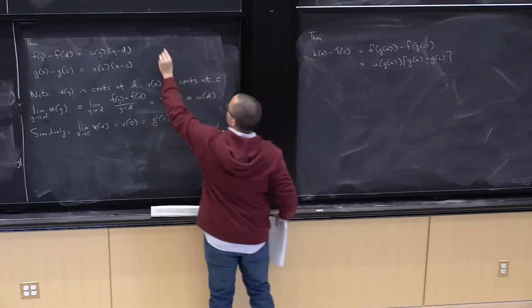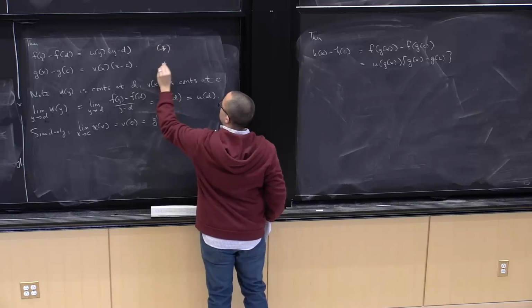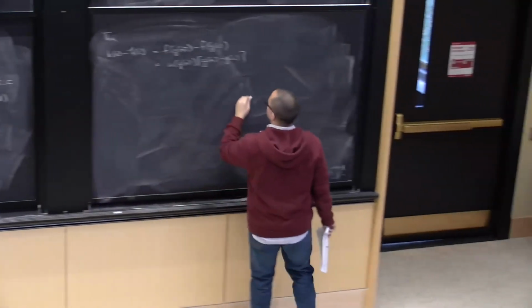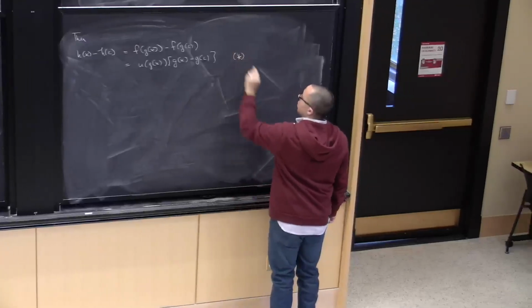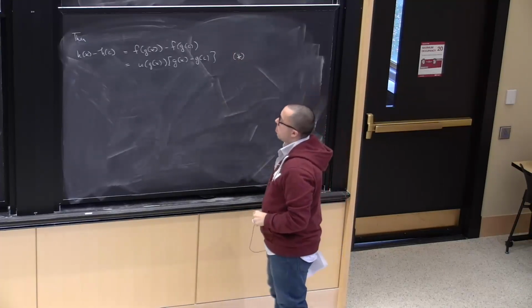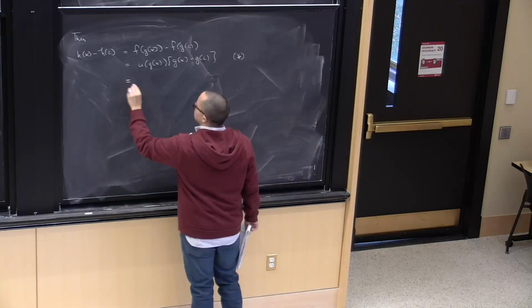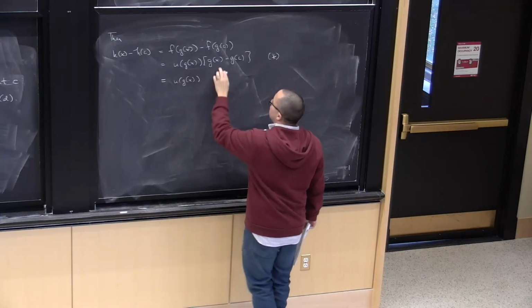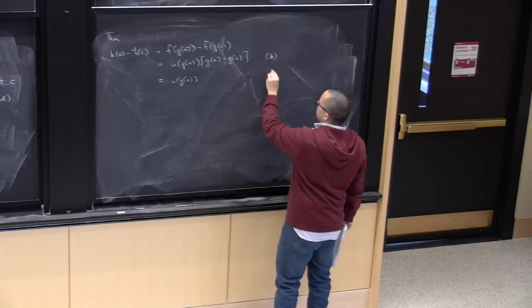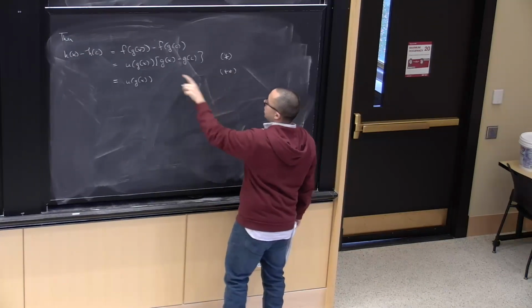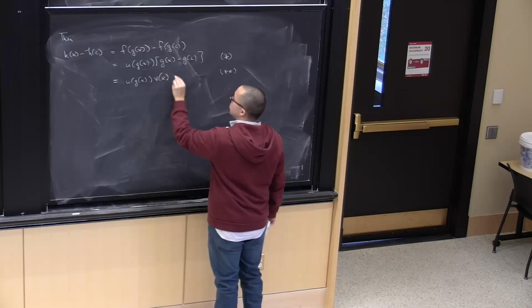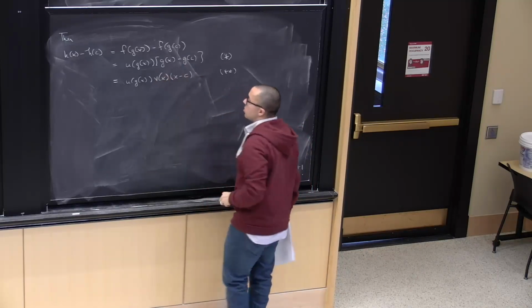So I'll call this one star, and this one double star. So this is by star. And now I use the second relation, double star, to write g of x minus g of c equals v of x times x minus c.